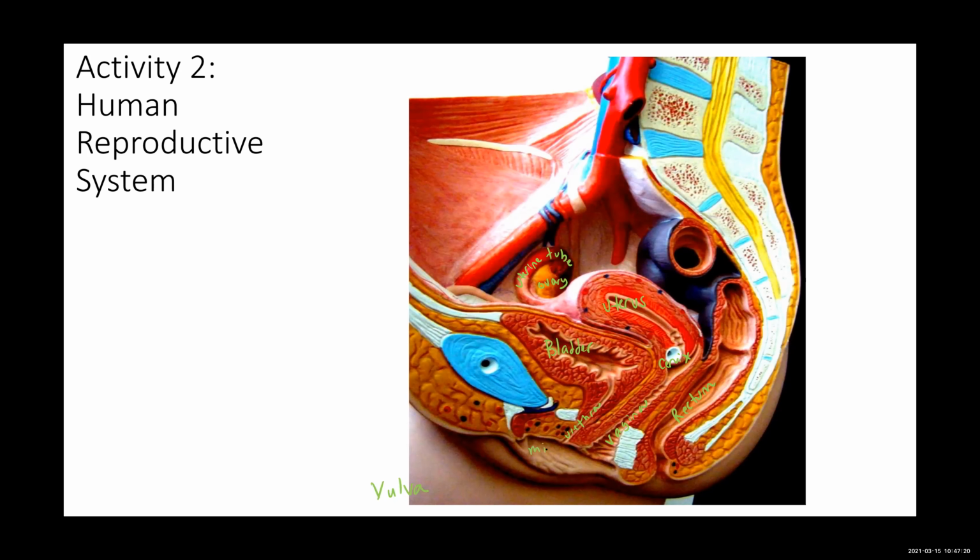labia. Labia, which means lip, minora, and then labia majora. So that is giving us both the inner or smaller lip and the outer or larger lip to the vulva.